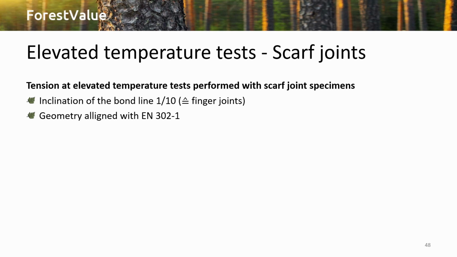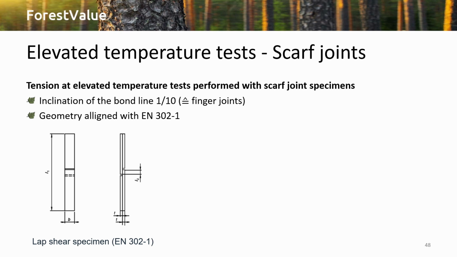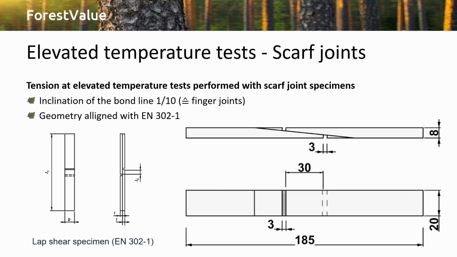And this geometry was aligned to the bread and butter test specimen of today's adhesive testing, according to EN 302 part 1, a simple lap shear specimen. And we tailored a scarf joint specimen out of that. It looks simple, this specimen, but it was quite a way to come to that shape.